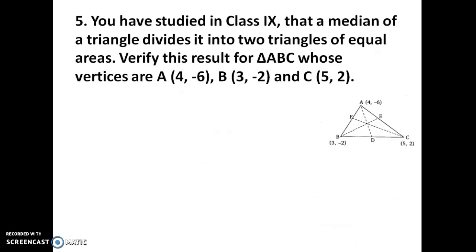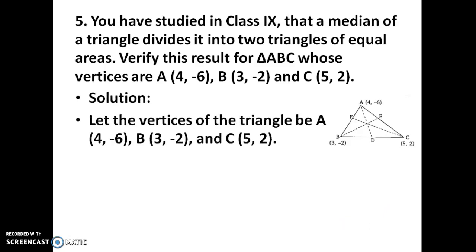The next problem. You have studied in class 9 that a median of a triangle divides it into 2 triangles of equal areas. Verify this result for triangle ABC whose vertices are given. So the median of a triangle divides it into 2 triangles of equal areas, that is what we are going to see now.